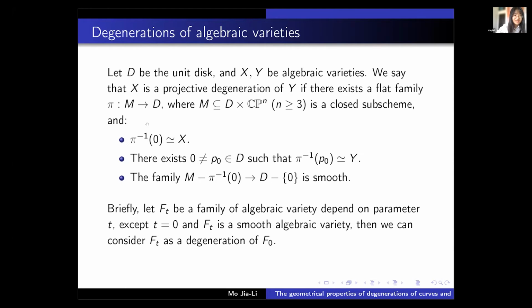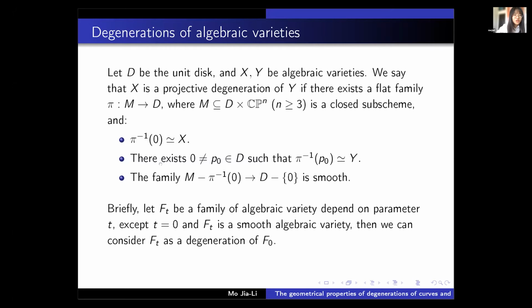Maybe you think the above definition is a bit complicated. This can be briefly said: let Ft be a family of algebraic varieties depending on parameter t, except t is equal to 0, and Ft is a smooth algebraic variety. Then we can consider Ft as a degeneration of F0.